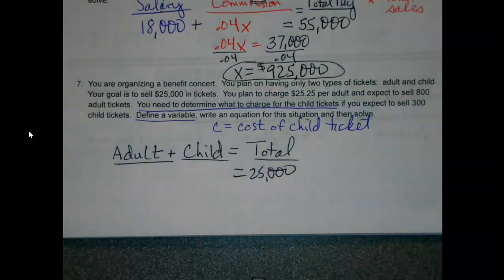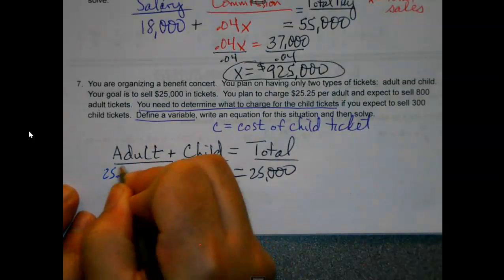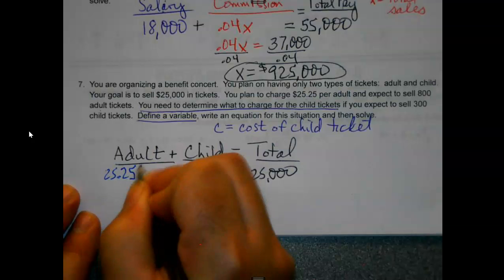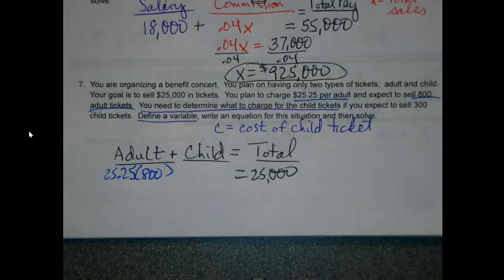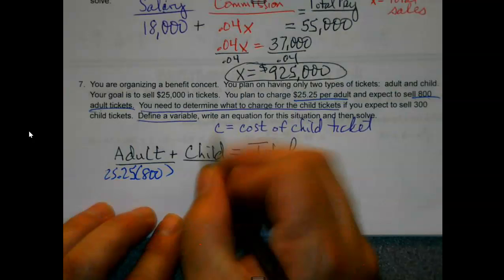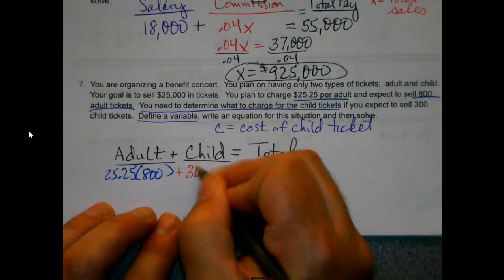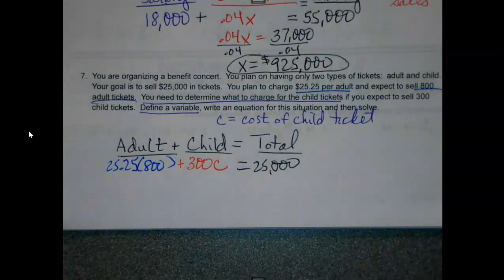If you've ever done anything with events where you sell tickets, we know that if you take how much a ticket costs times the amount of them I have, that lets me know how much I'm making there. So I have both numbers for the adult, but for the child, all I know is how many tickets. I don't know what to charge, at least not yet.